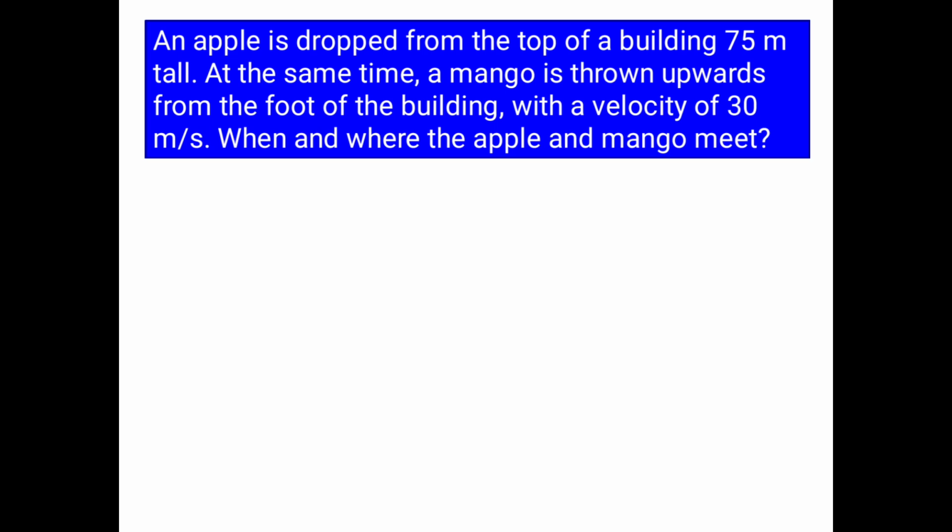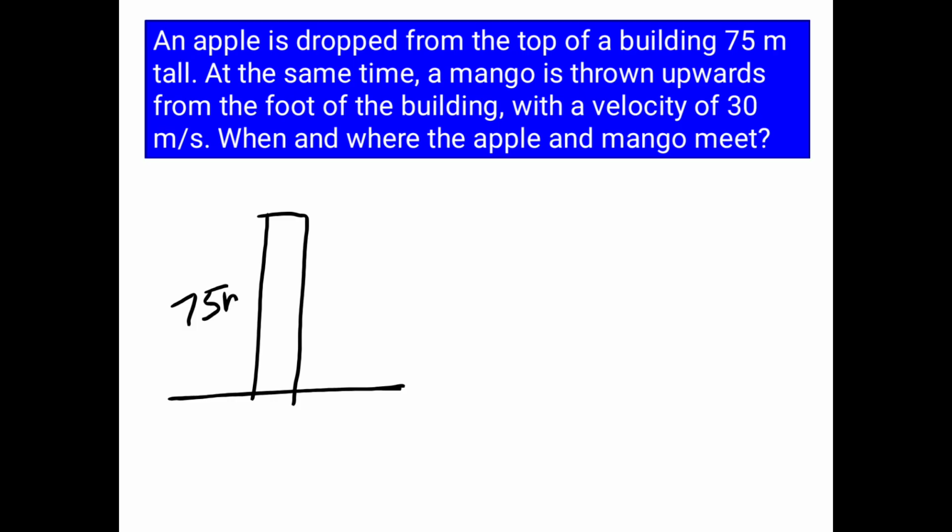So what is given? Let us analyze it with a picture. Let us consider this is that building, and it is given that the height of the building is 75 meter. From the top of the building, an apple is falling down.